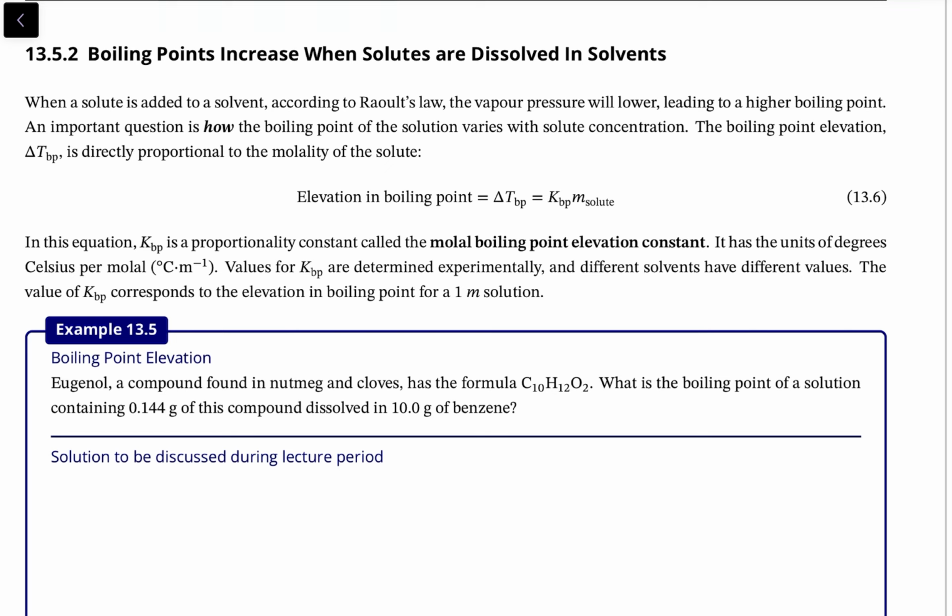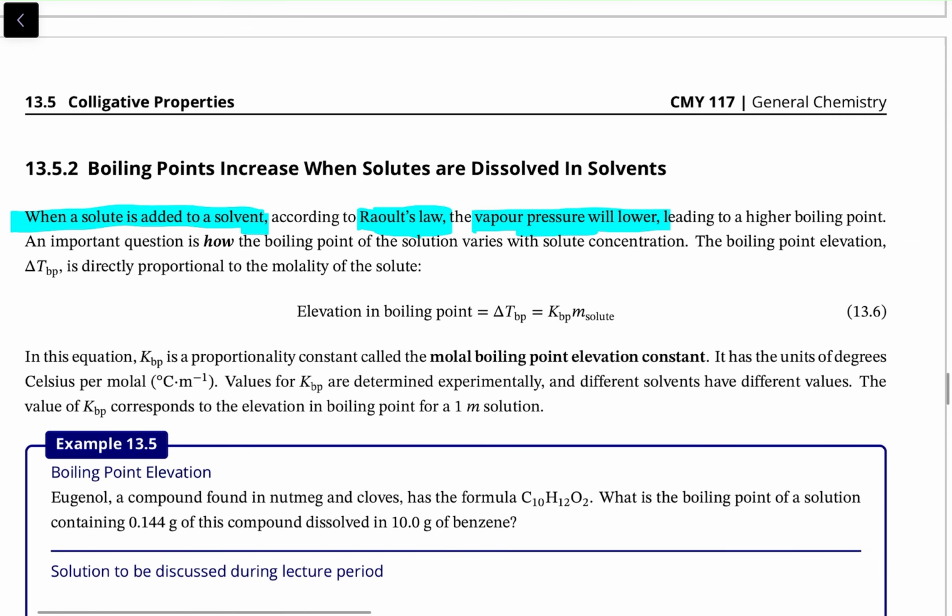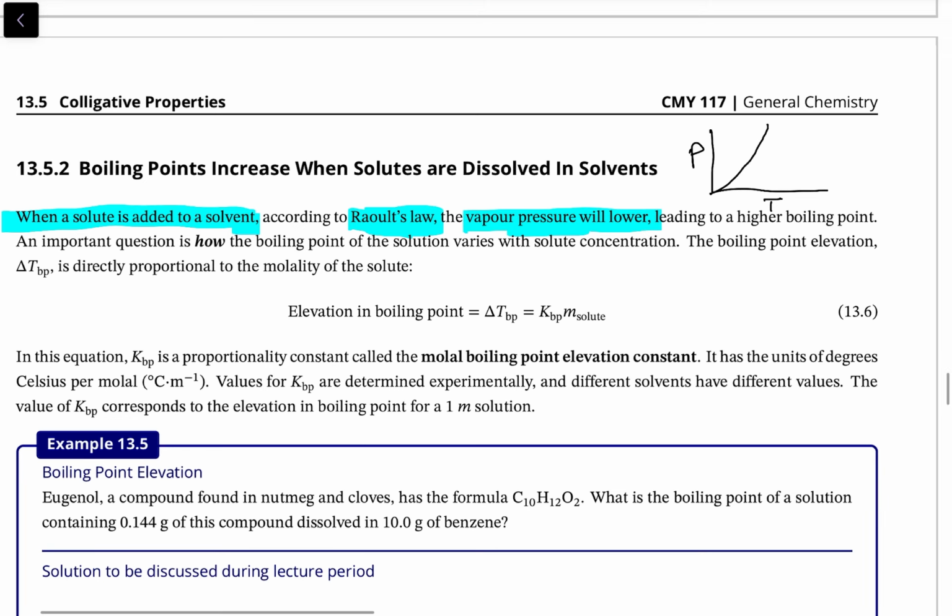Why does that happen? So when you add a solute to a solvent, we just saw that Raoult's law says the vapor pressure will lower. But what does that mean? If you recall from your vapor pressure diagrams, the pressure versus temperature diagrams, if you have a curve like that, by lowering the vapor pressure, it means this entire curve shifts downwards.